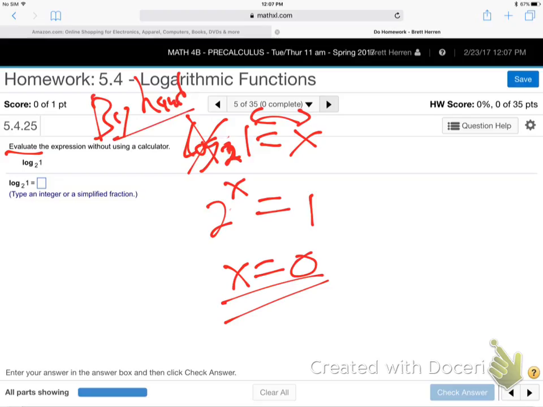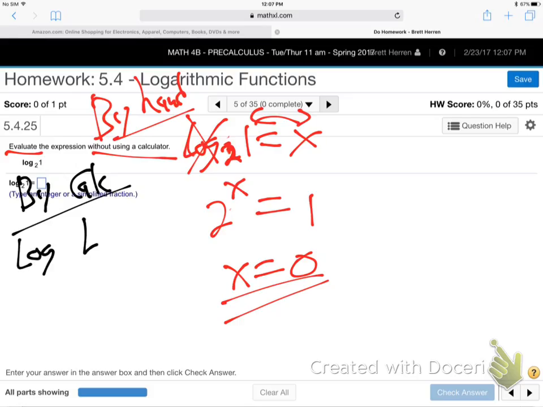Let me also show you by calculator. Even though they say without using a calculator, calculator's fine with me. So now let's show by calculator. Do you guys have your calculator? Look at your calculator, either the graphing or the regular. You have 2 log buttons. Have you ever noticed that? You have a regular log and an ln. What does the ln stand for?